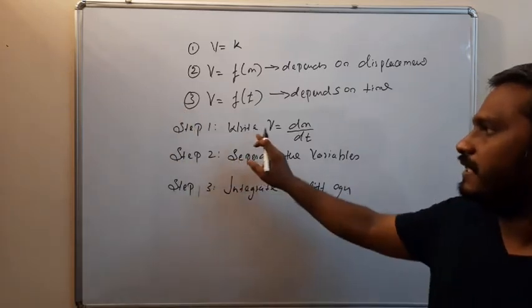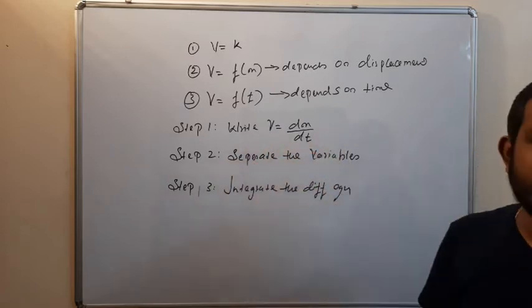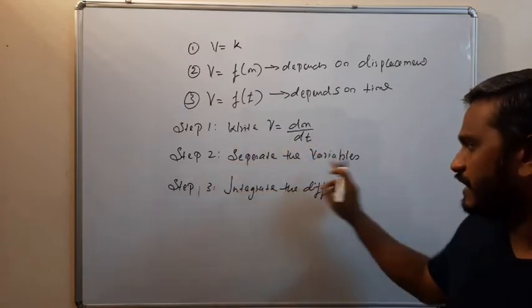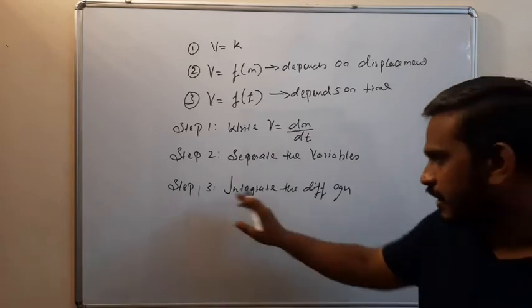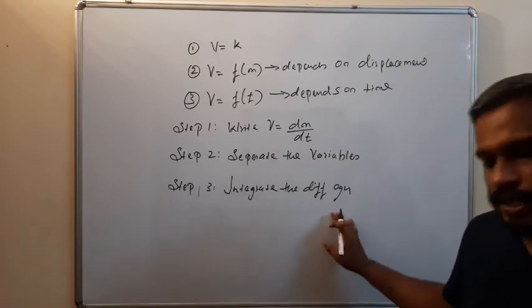First step, write v is equal to dx by dt. Step 2, separate the variables. Step 3, integrate the differential equation.